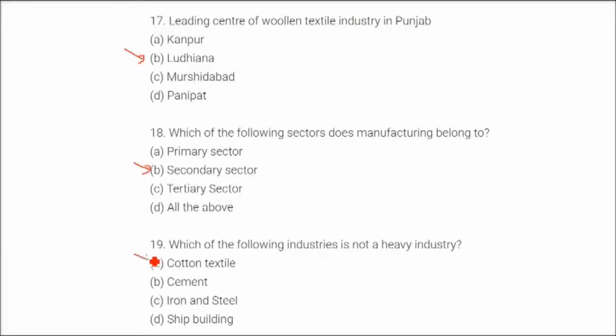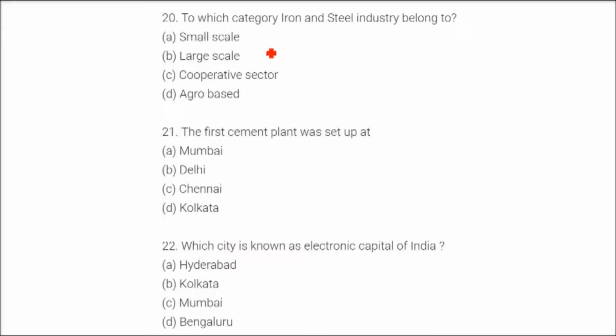And the answer is cotton textile. To which category iron and steel industry belong to? It is large scale industry. The first cement plant was set up at Chennai, 1904.